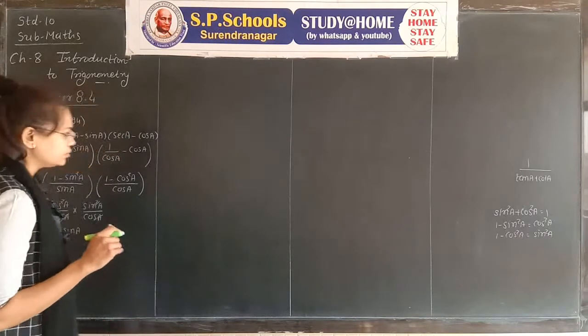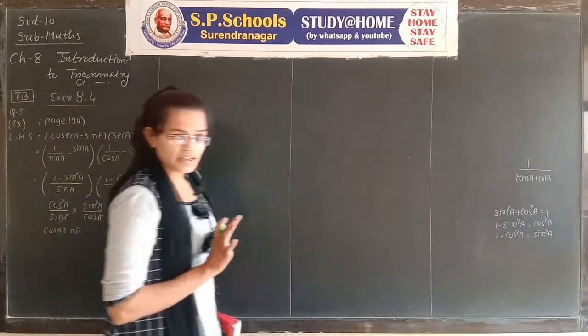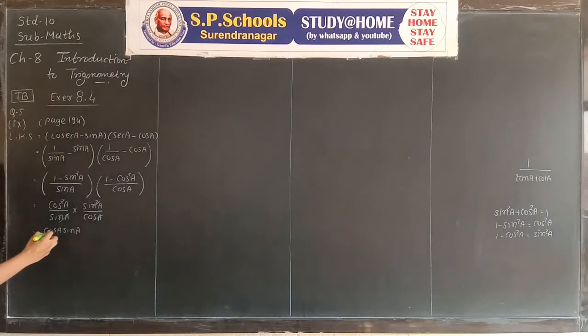If we have to get the right hand side from the left hand side, we require 1 upon tan A plus cot A, so that the numerator is there and nothing in the denominator, so it is 1.